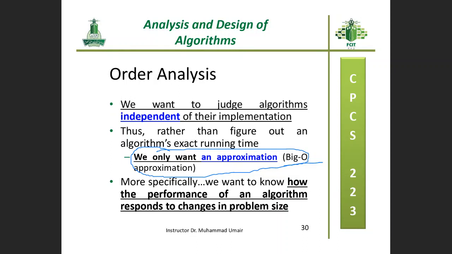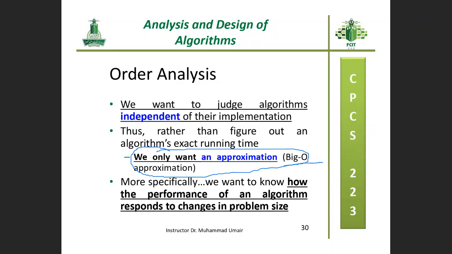And why do we ignore the coefficient constant? Because these coefficient constants actually represent the effect of the environment, the hardware you have used, the processing speed, RAM, etc. These effects are reflected by the coefficient constant. So we ignore those values also.